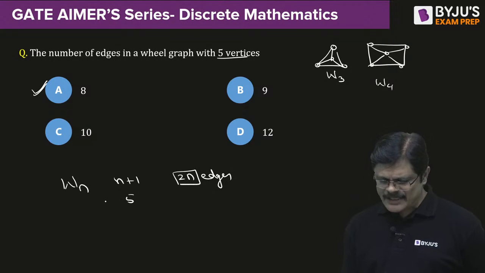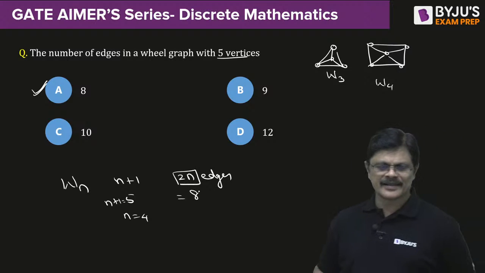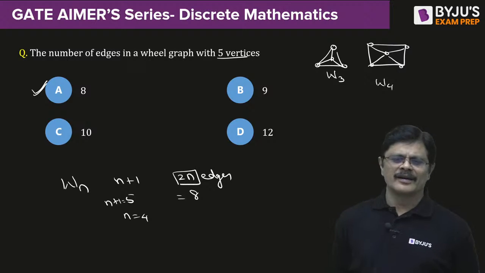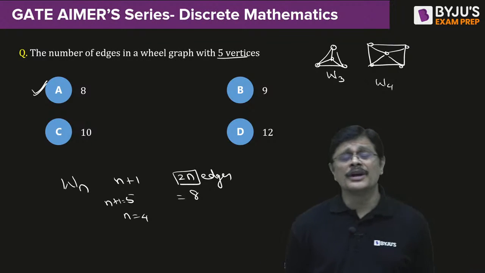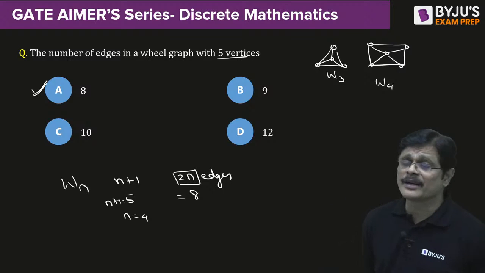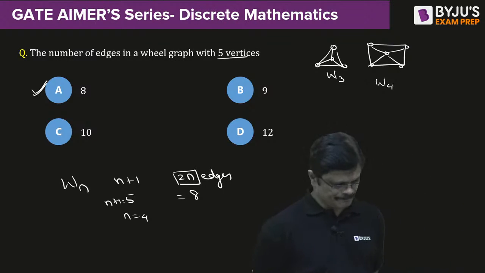Because n plus 1 is 5, so n is equal to 4. Therefore, the number of edges is 8. The central vertex will have degree n, not n minus 1, Lalit Babu. It will have degree n.